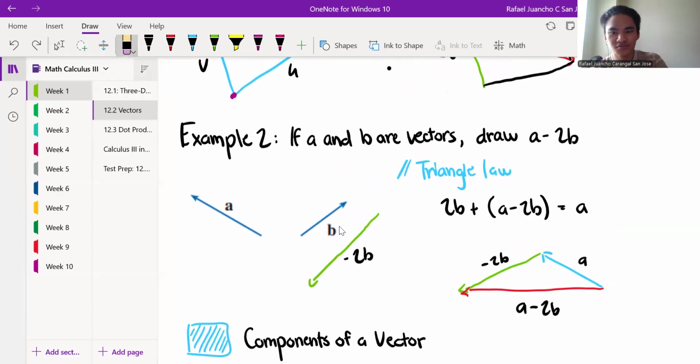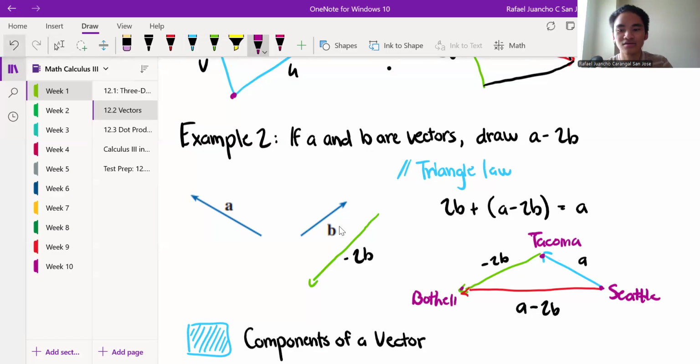So actually, the simplest way to do this is just get A and then get the minus 2B. And then you just complete the thing. So again, we got A, we add the negative 2B, and it's basically A minus 2B. So in the end, we're still summing, right? So this was Seattle. This was Tacoma. And then this was Bothell, right? So it's the same thing.